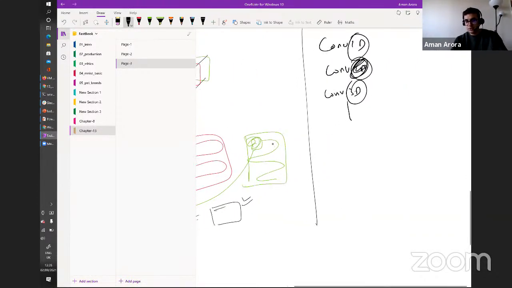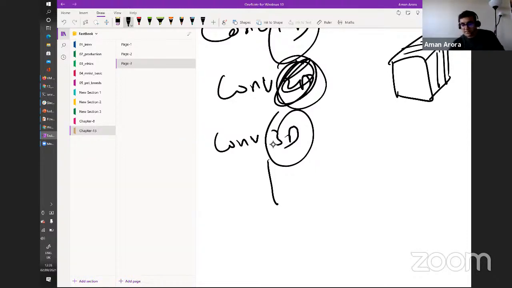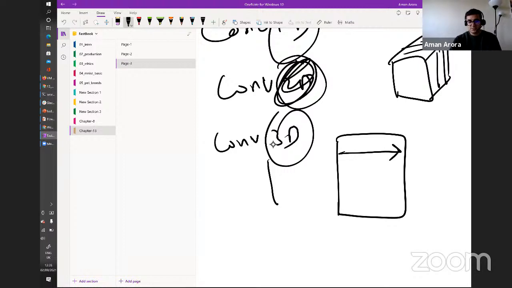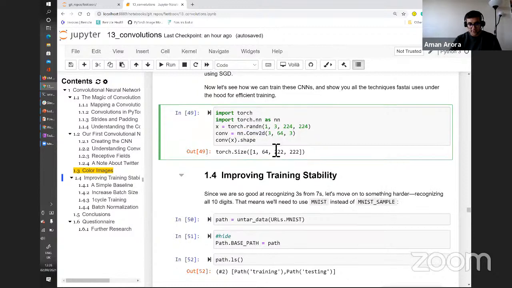And what you did see over here is that the convolution kernel is actually 3D, right? Because it has 3 channels, red, green, and blue. So conv 2D doesn't really mean that your kernel is 2D as well. It just means it goes in 2 dimensions. If this is my image, it goes across the height and it goes across the width. So that's just the main difference that I wanted to highlight over here.